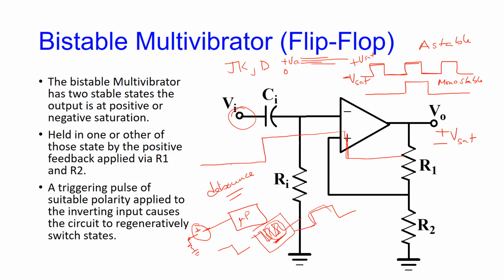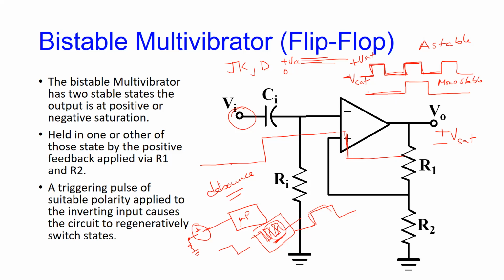The astable sits down at minus VSAT, and when you give it the input, it will switch to positive VSAT for a particular time and then come back to minus VSAT. Sorry, my mistake. The astable will start at minus VSAT, after a particular time switch to positive VSAT, then after a particular time switch back to negative and keep going.